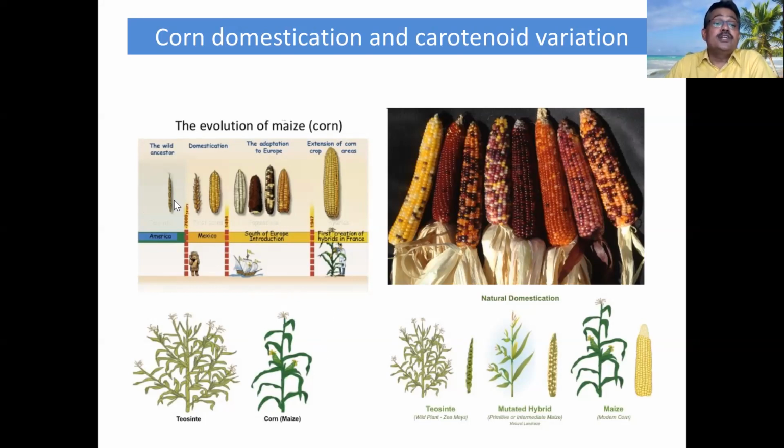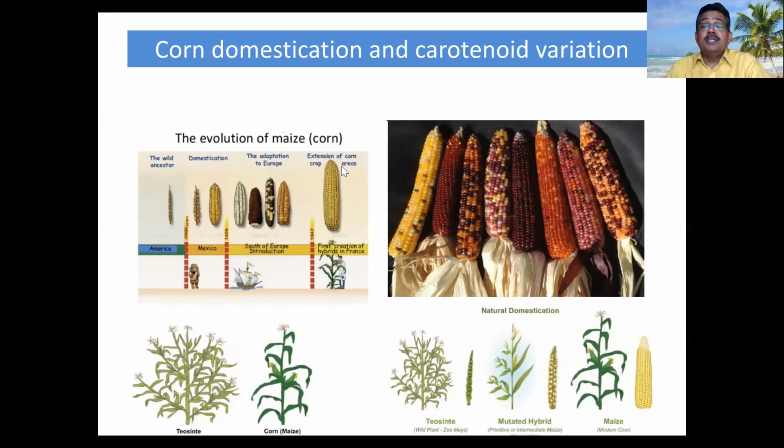The cob size initially started with one single row, and each row had maybe 5 to 10 kernels. From that, people domesticated it into the present-day modern corn with more than 14 or 15 rows of kernels, and each row has more than 40 kernels. So this much change happened during the domestication process over more than 7,000 years.